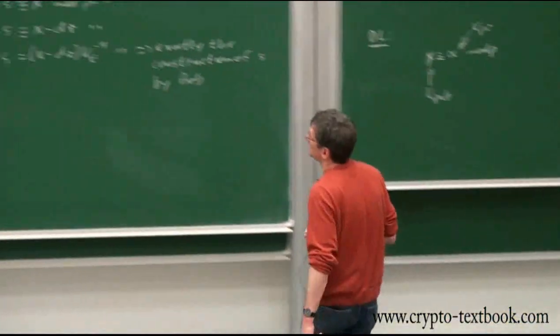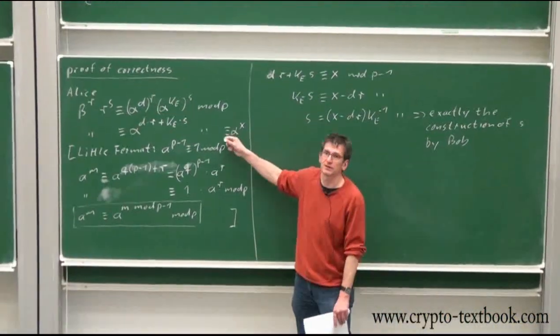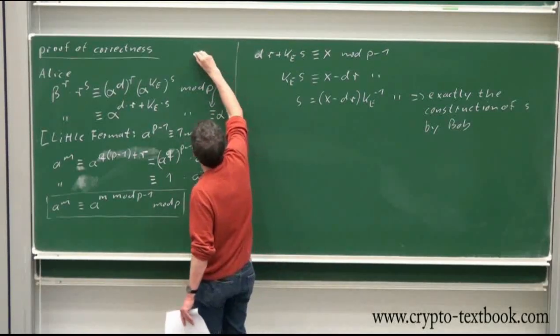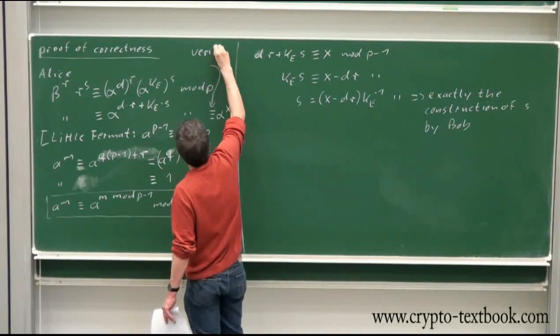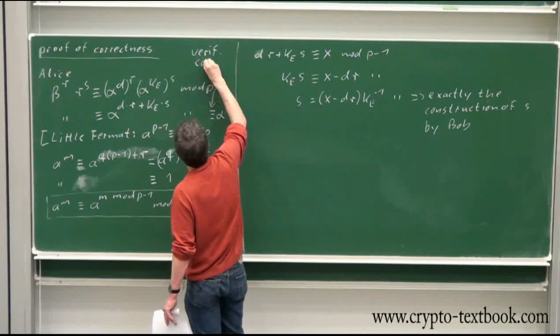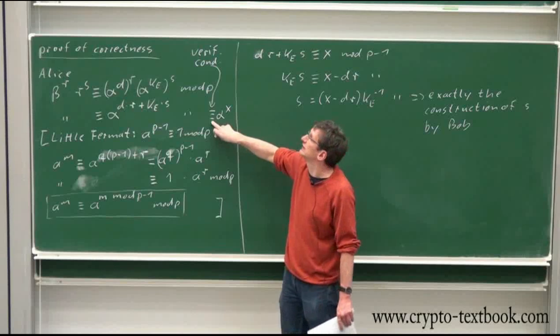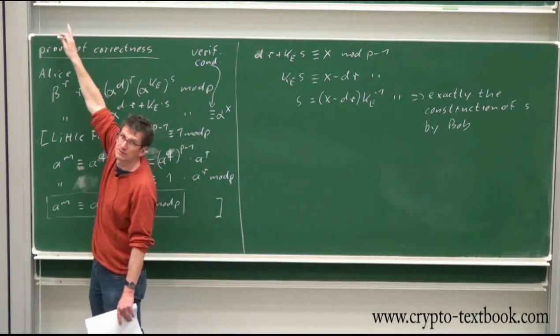That means, and this was the condition, this is here. Verification condition, right? That was a condition that we have a valid signature. This is coming from here, okay?